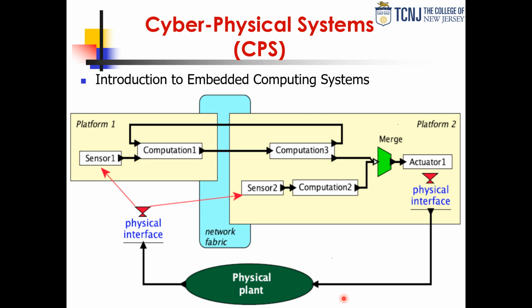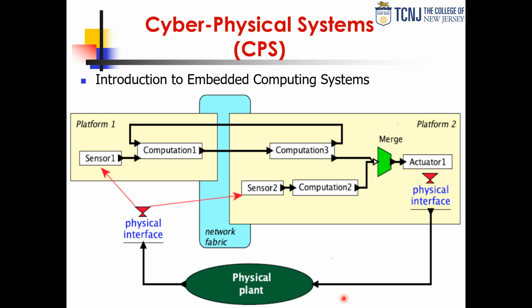Okay? So maybe the network fabric is a Bluetooth network connection. And you're sensing something in one part of your body that is not connected, but you are making an actuation somewhere else. So the sensor and the actuator are not connected monolithically. That is a complex cyber-physical system in a very small space of a body area network. But that doesn't make it less complex. So that's the kind of idea that we have here.